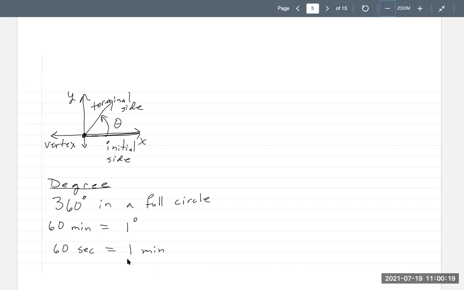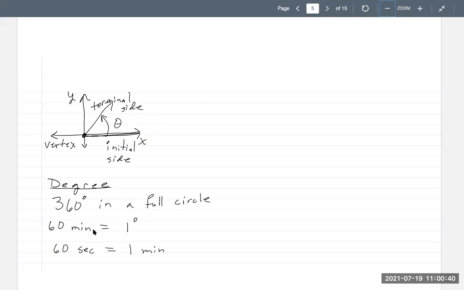Usually we don't say "of arc" because it's obvious from context that we're talking about an angle rather than time. But if there is any sort of confusion, then we say "of arc."